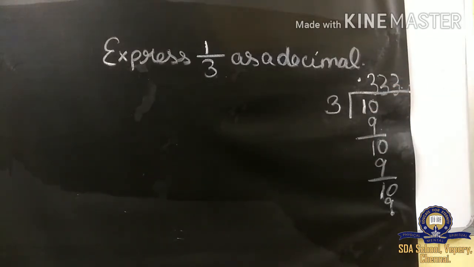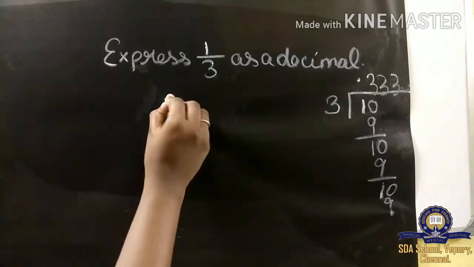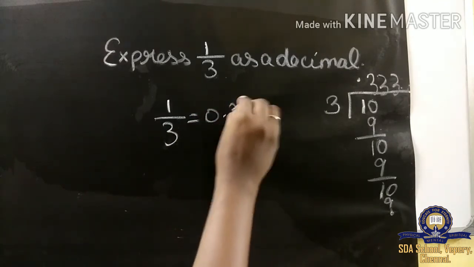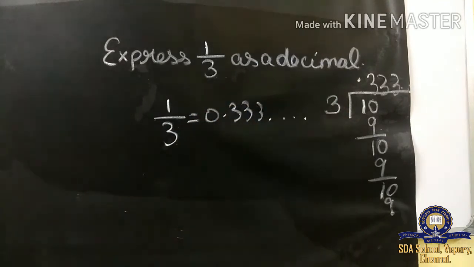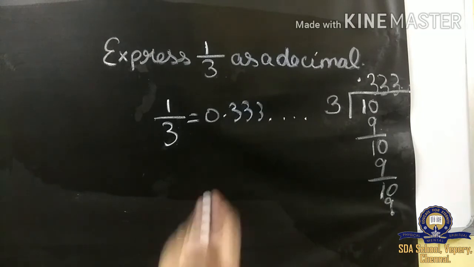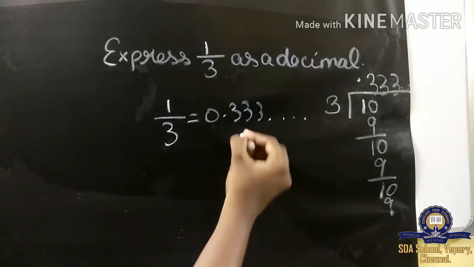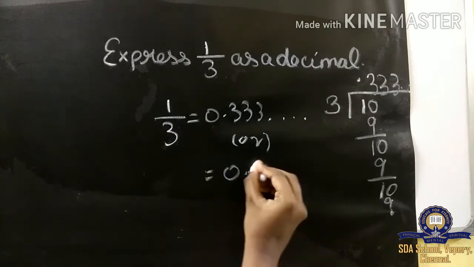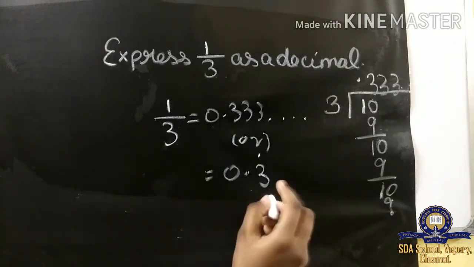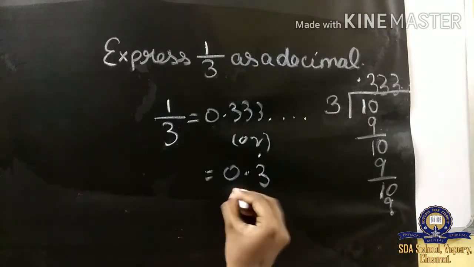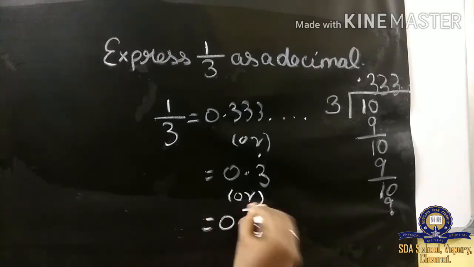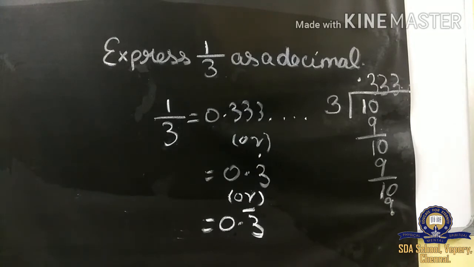So this method is called repeating or recurring decimals. If you divide 1 divided by 3, your answer will be 0.333 and so on. You can put this as 0.333 or 0.3 with a dot or 0.3 bar.